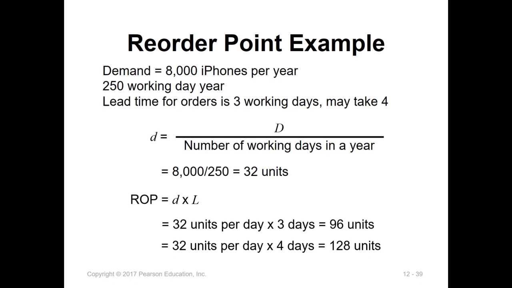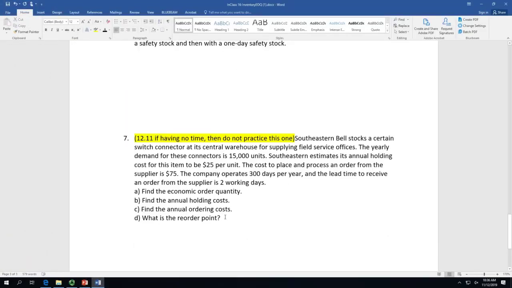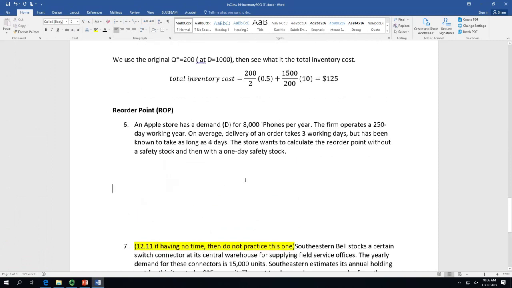Here is the demand of 8,000 iPhones per year. This distribution center, or rather the iPhone store, has a demand of 8,000 iPhones per year. The firm operates 250 working days.